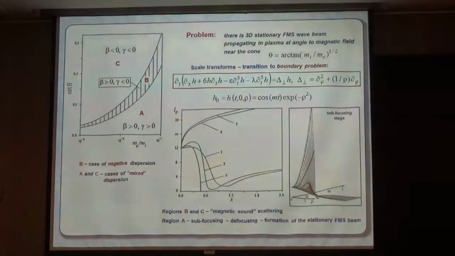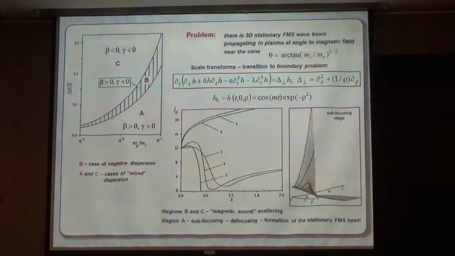Let's formulate the problem. There is a three-dimensional stationary plasma-sonic wave beam propagating in plasma at an angle to the magnetic field near this cone where dispersion changes its sign.